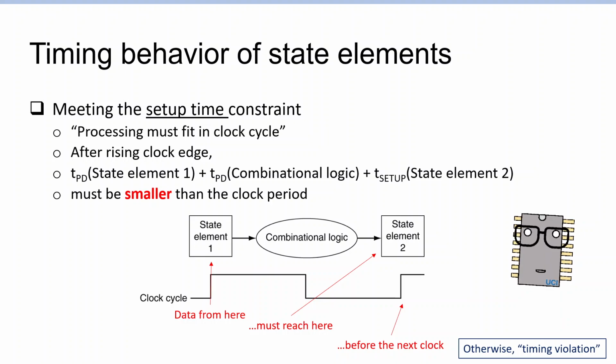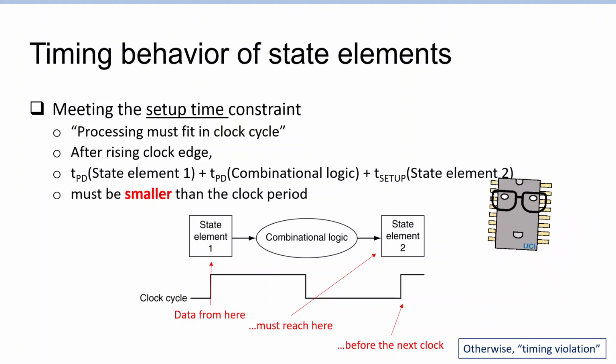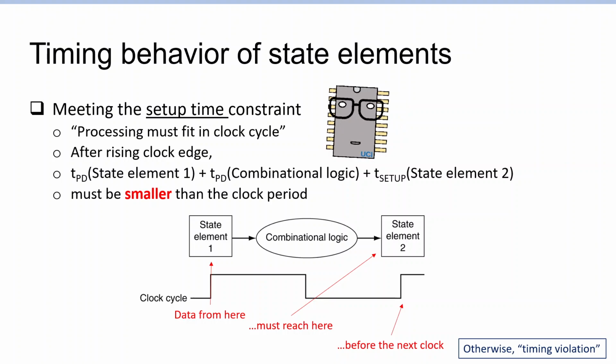First of all, the most critical constraint this introduces is the so-called setup time constraint, the intuition to which says the processing of this circuit must fit in a clock cycle.